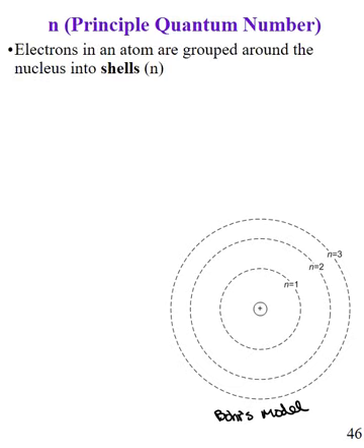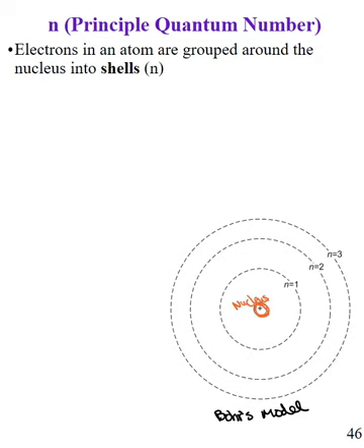Electrons in an atom are grouped around the nucleus into shells. So where is the nucleus in this atom? Right in the center, right? You have your nucleus right in the middle, and electrons are grouped around it in shells.